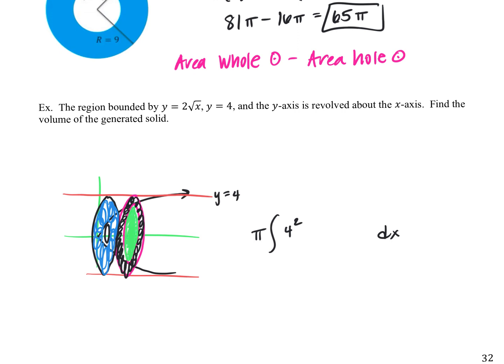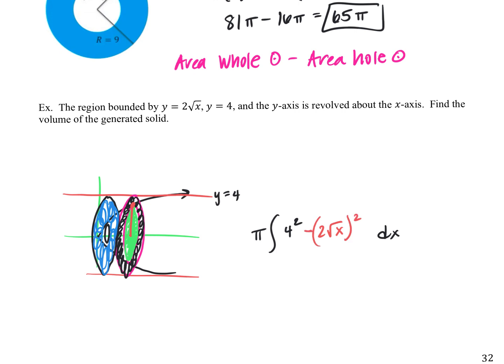What is this green hole's radius going to be? Isn't it 2 root x? Let me draw that in red. So I have pi r squared minus pi what squared? 2 root x squared. Just don't forget that.